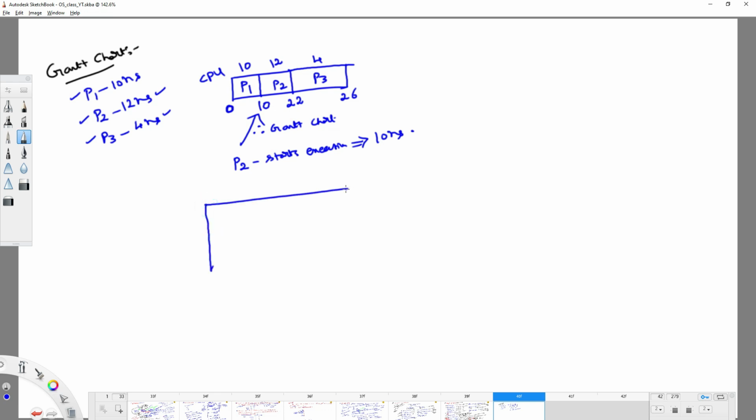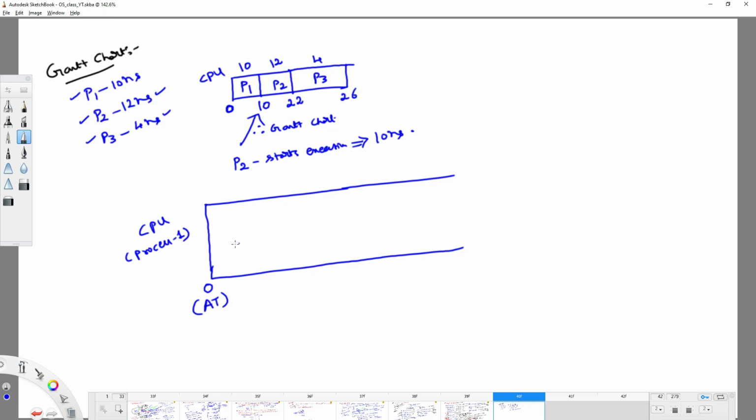Assume that this is a Gantt chart for the particular CPU and for a particular process 1. Initially we start with 0. If any particular process came at 0, I can represent that as arrival time, right?